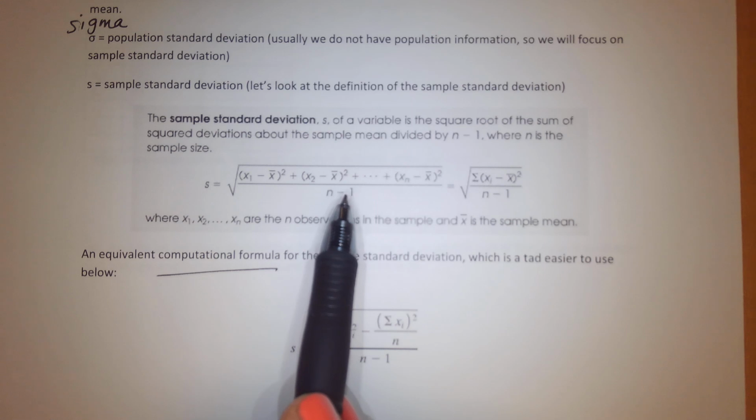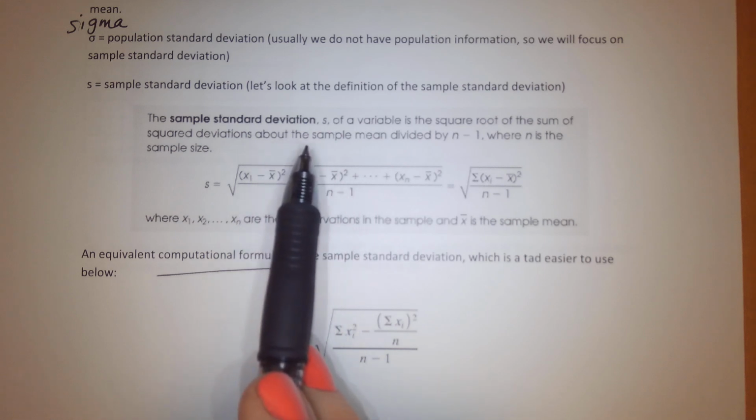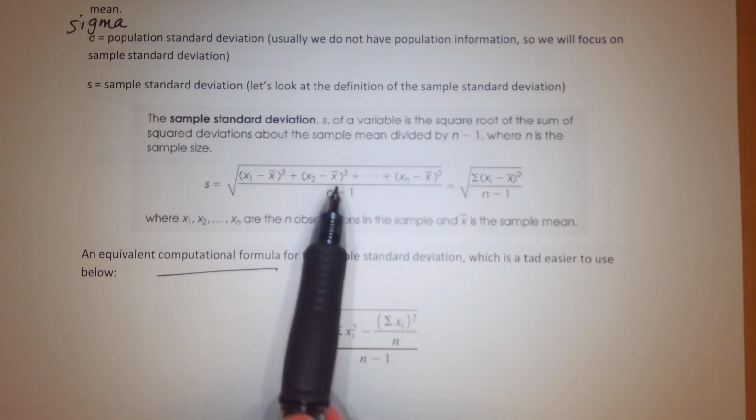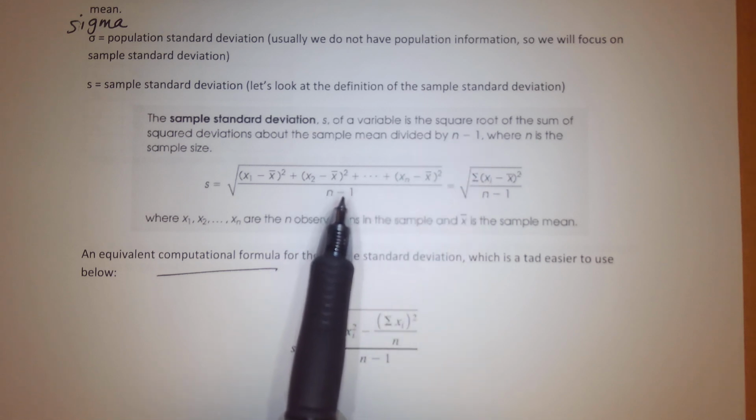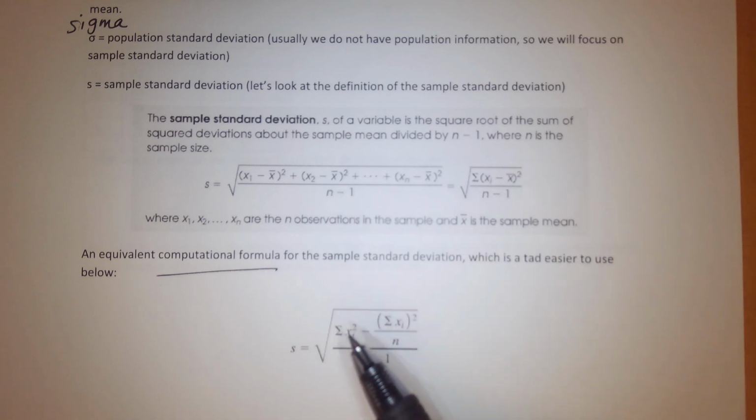Why we subtract 1, we will get to in future sections. They talk a little bit about it right here, but why we subtract 1, we'll get to in future sections. Also, we could do the computational form, which is down here. It says we take the sum of all of the x values.